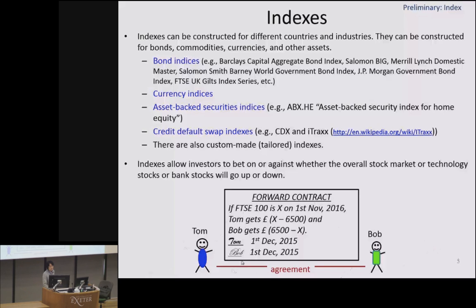So Tom and Bob agree upon this contract in December 2015, and the contract is on FTSE 100 with forward price £6,500, which says, okay, if FTSE 100 in November 2016 is X, Tom gets X minus £6,500 and Bob gets £6,500 minus X. So if FTSE 100 in November 2016 is above £6,500, Bob pays to Tom, otherwise Tom pays to Bob.